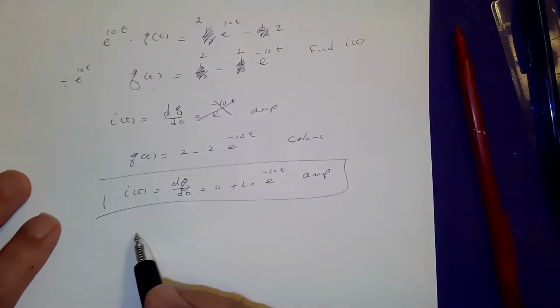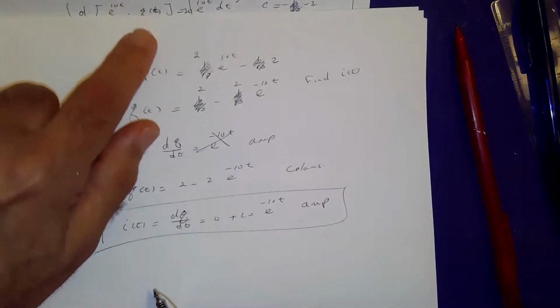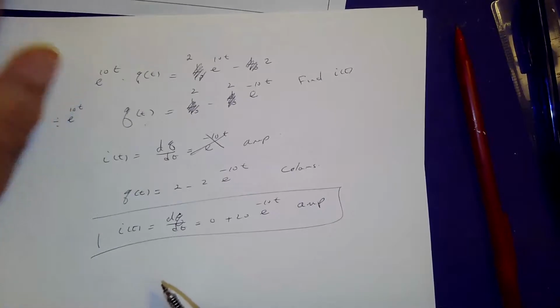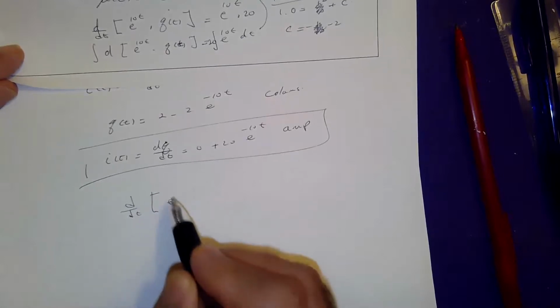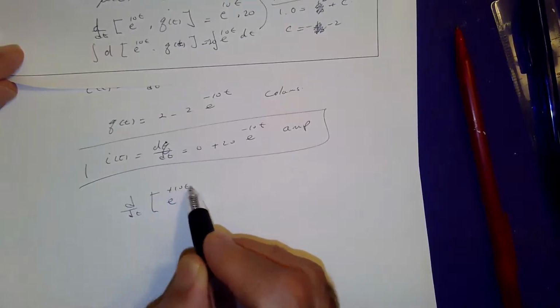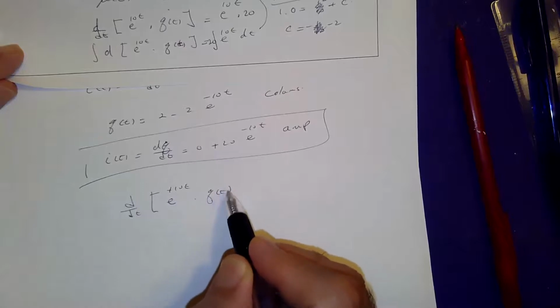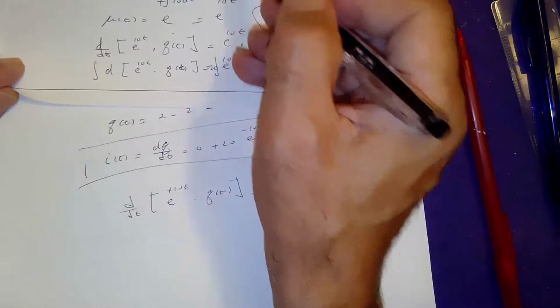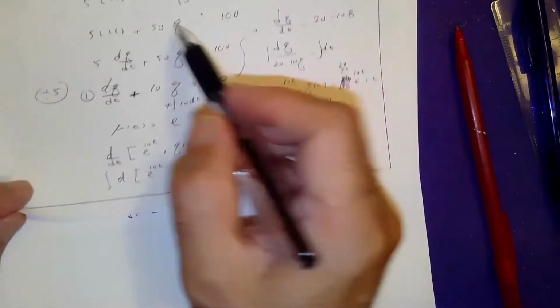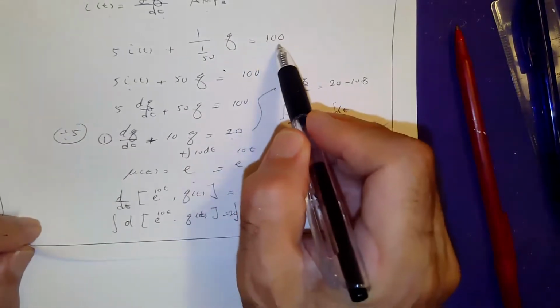Remember right here, when you integrate it, let me back up a little. Remember right here, we decided this is e to the 10t q of t equals, remember I dropped the 20. When you divide both sides by 5 here, don't you get 20 here?